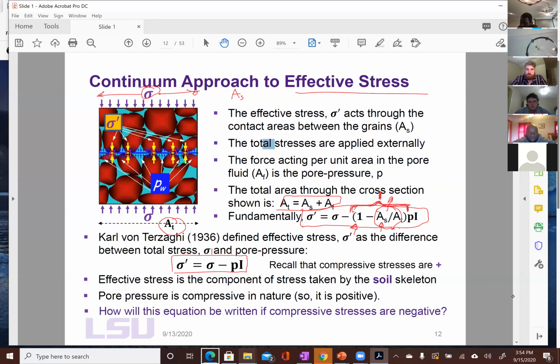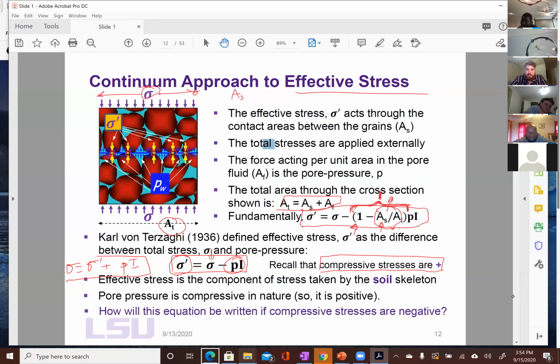This is the total stress you apply to the rock, and you've partitioned it into effective stress and pore pressure. You can see if you take it to the other side, it's just effective stress plus pore pressure. That's what your total stress is. And because we are in the oil and gas business, compressive stresses are positive.